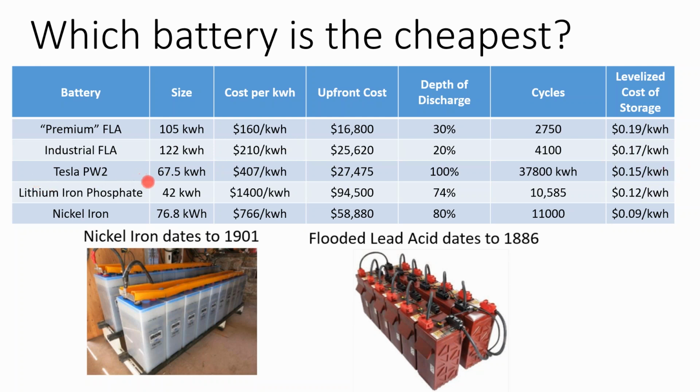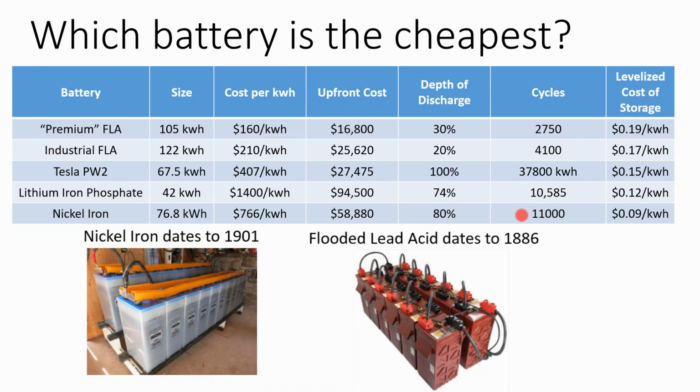And so the lithium iron phosphate battery, with 42 kilowatt hours, we just determined that was too small, and we'll get into how we did that in just a minute. Kind of an interesting option was this nickel iron battery. The story is you can deep cycle it down to 80%.